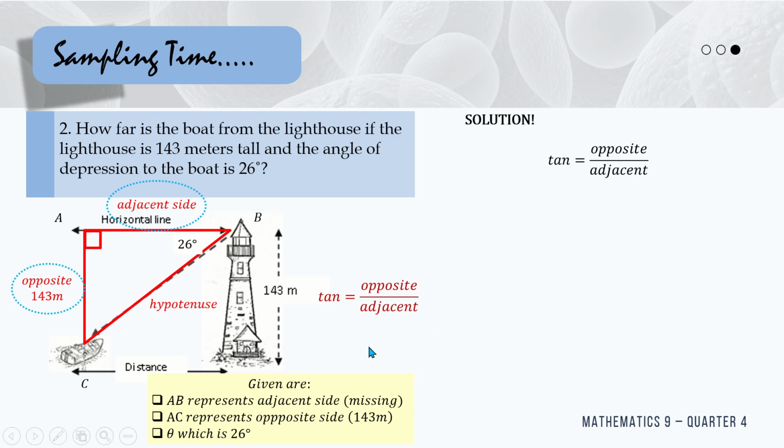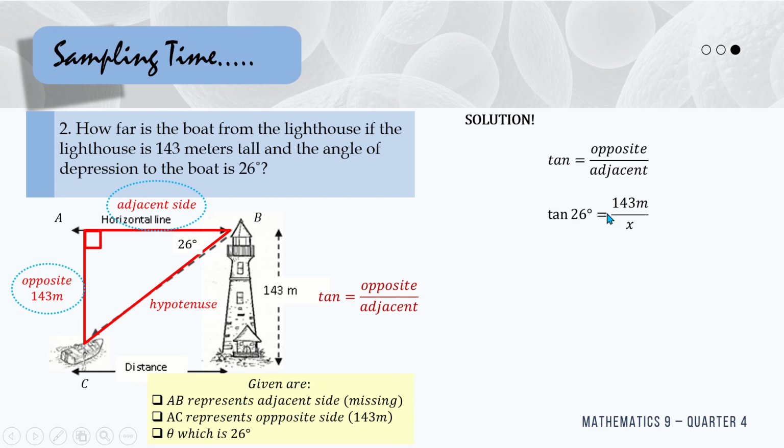Again, we make use of the function tangent to solve the given problem. Tangent of the angle 26 degrees is equivalent to 143 meters, which is the opposite side, over adjacent, which is the missing x.